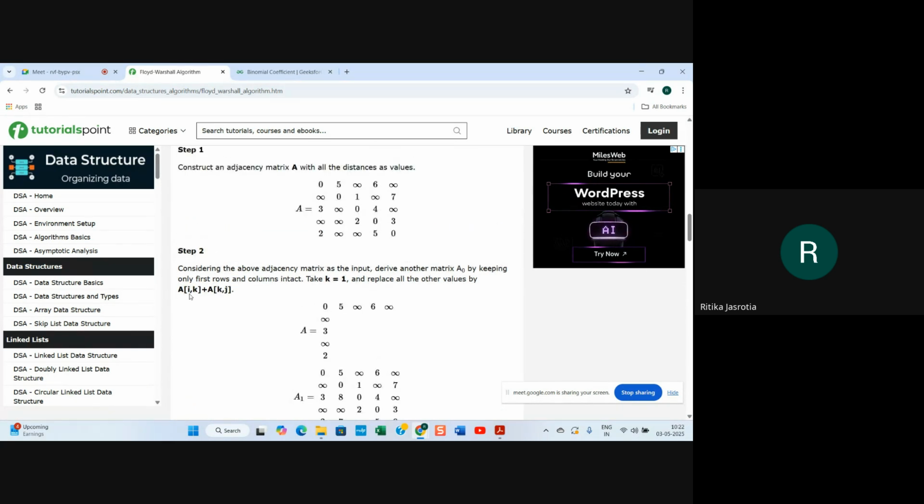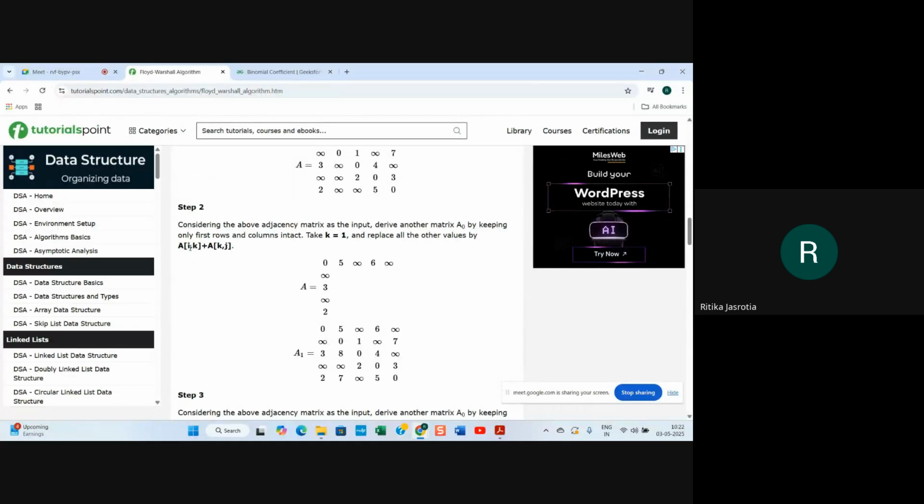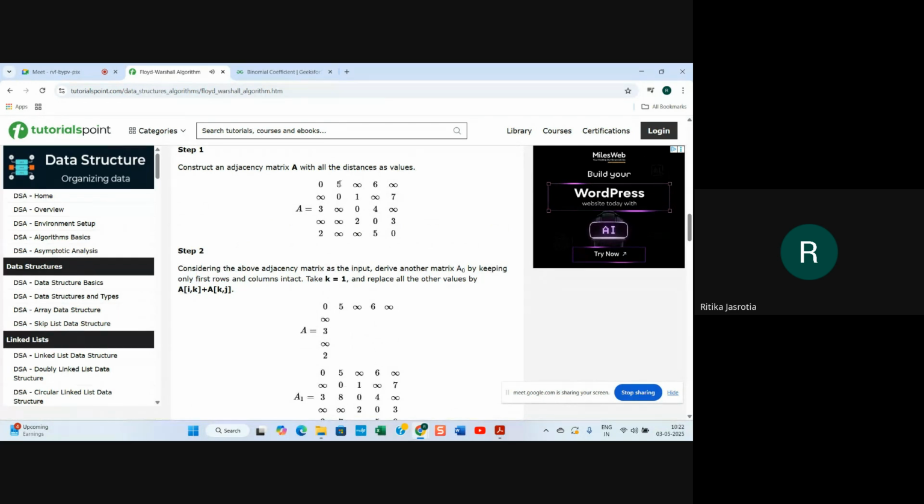So aik means I and j will be your positions in this matrix. The index numbers are 0, 0, 0, 1, 0, 2, 0, 3, 0, 4, then 1, 0, 1, 1, 1, 2, 1, 3, 1, 4.